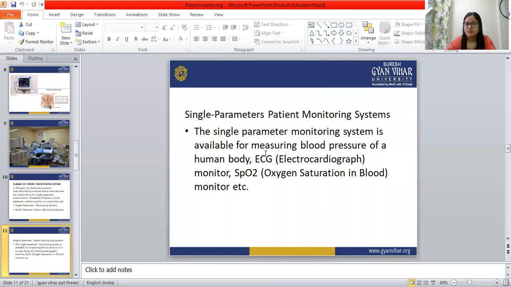There is another machine for the ECG monitor, with which we can only monitor the ECG. We can't monitor any other physiological signs. And there is a separate machine for SpO2, that is oxygen saturation in blood. We can also measure that by a single parameter patient monitoring system.